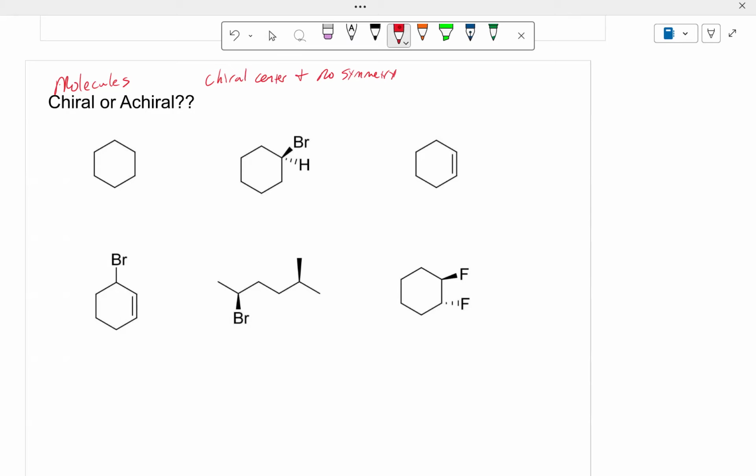So let's look at the first one here, which is just plain old cyclohexane. Ask yourself, do I have any chiral carbons? Go back to that tip I gave you: CH2s and CH3s can never be chiral. These are all CH2s in cyclohexane. Since there are no chiral centers, that whole thing is achiral.